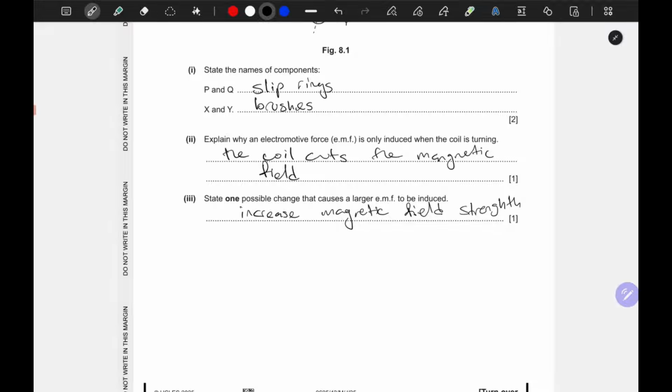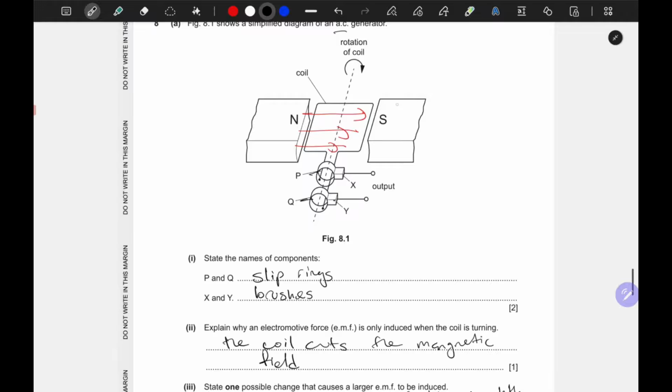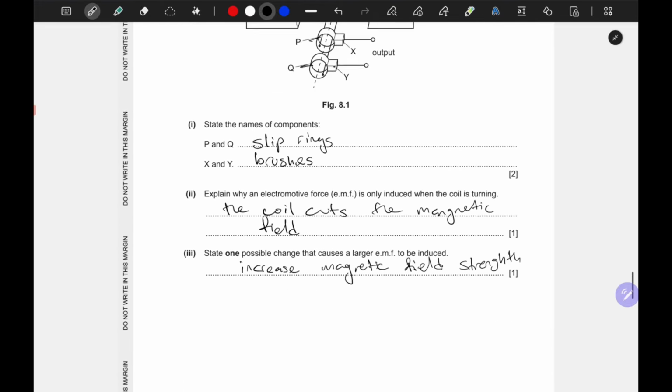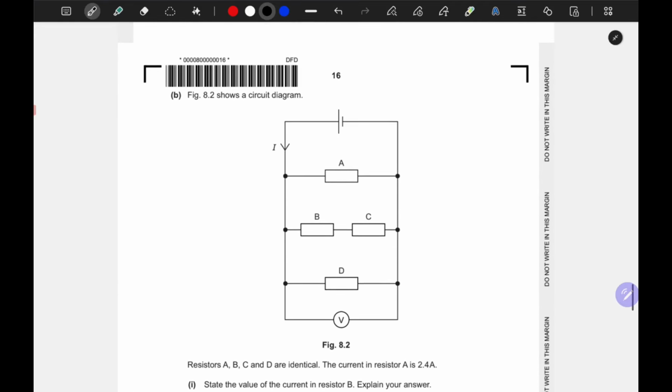We can also increase the speed of rotation of the coil. If we rotate it faster, more EMF is going to be induced because the magnetic field is going to be cut more times. We can also increase the number of coils. All three are valid answers.